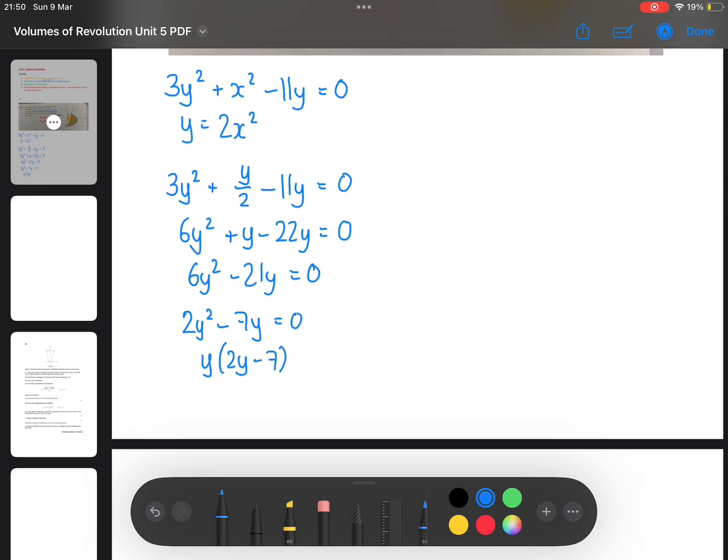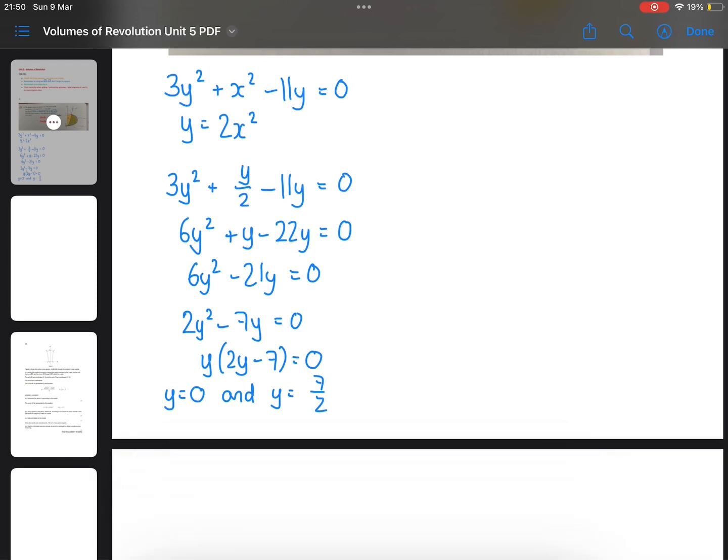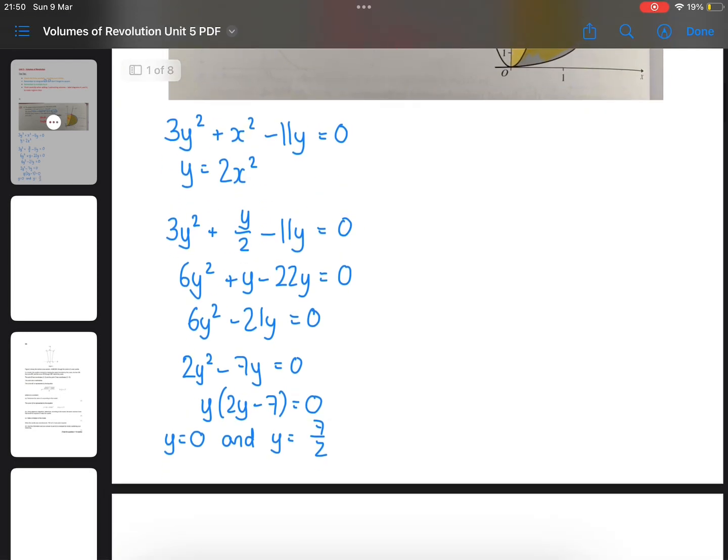We get y equals 0 and y equals 7 over 2. Those are the 2 points where the curve intersects, and therefore those are going to be our limits in this question.